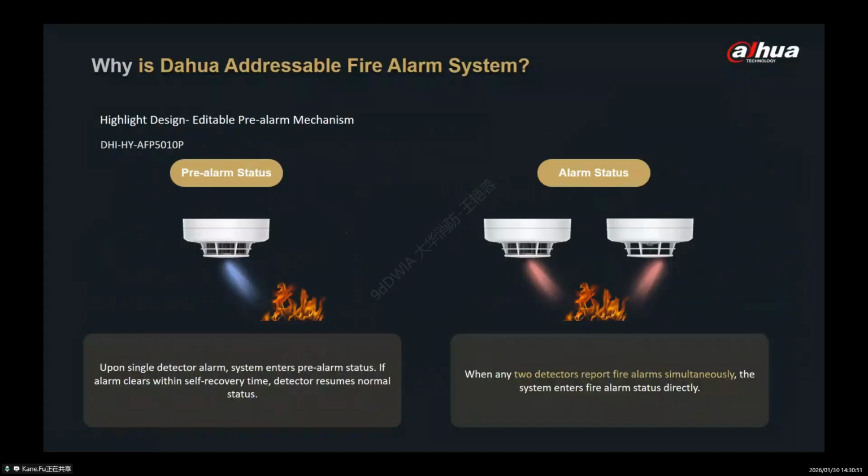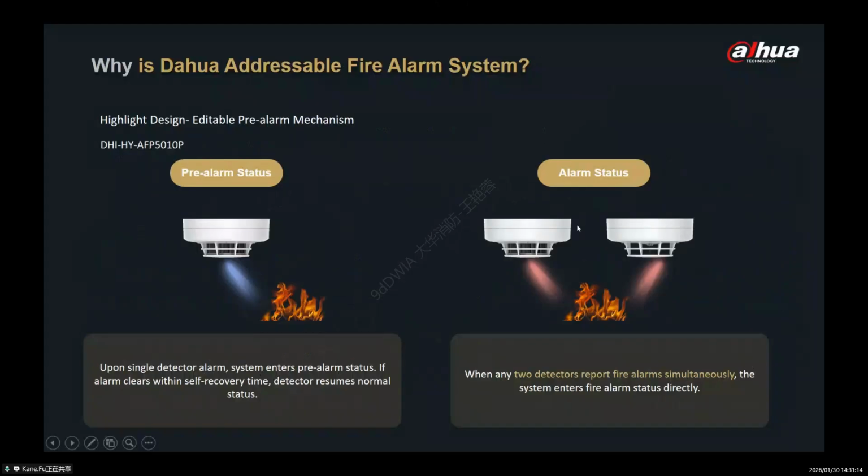But if during the self-recover time the sensor recovers itself, flashes and returns to normal state, the pre-alarm will transfer to normal state. It will not link to the alarm devices in the system.